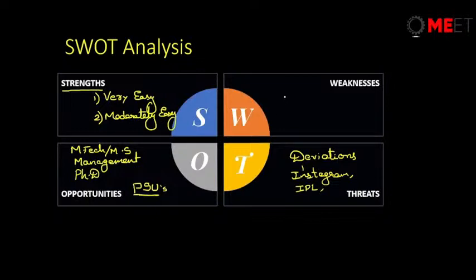Then what are your weaknesses, and what are the subjects in which you are weak, and do you have the proper understanding of the mathematics which is required for these competitive examinations, as well as to clear your engineering subjects also. Sometimes the majority of people have weakness in mathematics, and sometimes they won't understand some concepts properly. So what you need to do is go through the video lectures of those particular concepts.